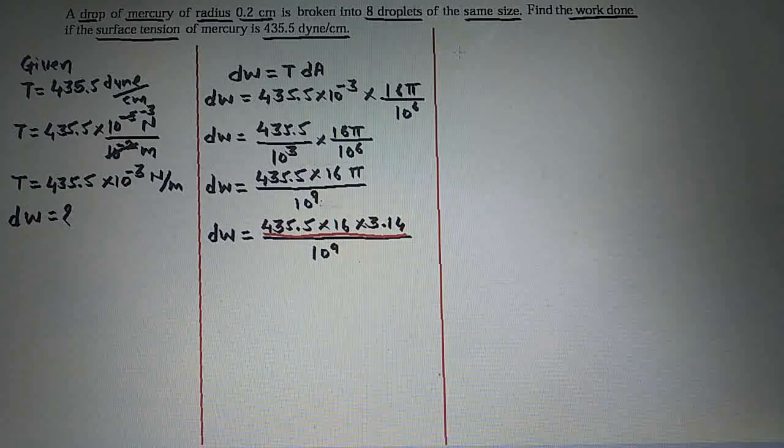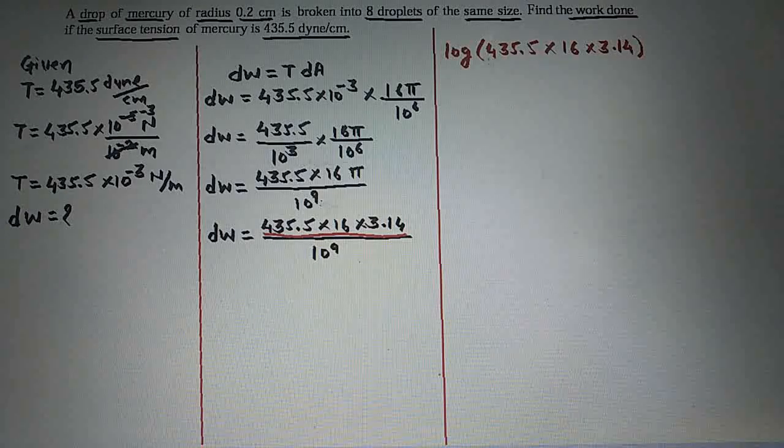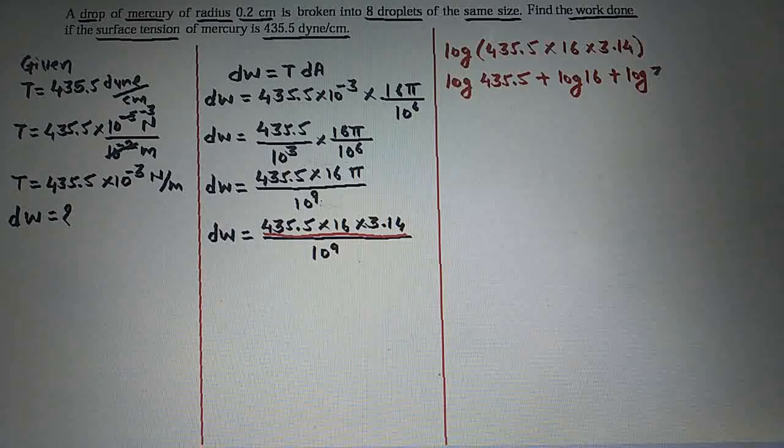So we will write here the log of 435.5 into 16 into 3.14. So when there is a multiplication, there is an addition in log here, so it will be log of 435.5 plus log of 16 plus log of 3.14.